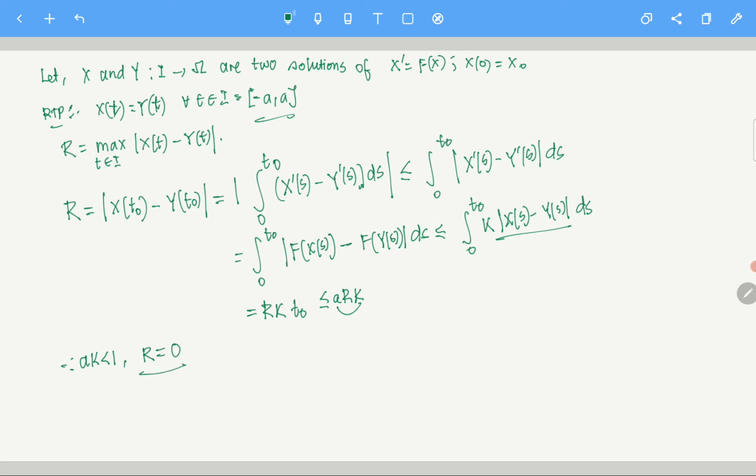I hope this is clear. I am saying R is less than or equal to ak times R, and ak is less than 1, so R has to be 0. If R is positive, you are essentially showing that R is less than R. That's not going to happen, right? Therefore x of t is identical to y of t. Clear? So this actually gives you the whole proof of the theorem.